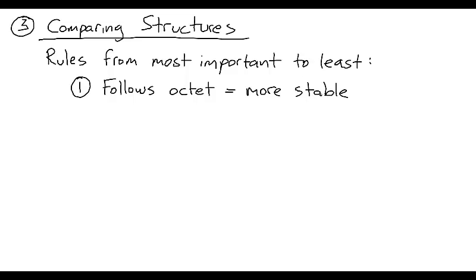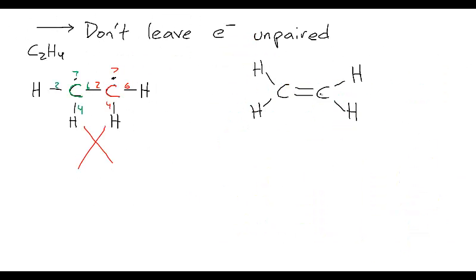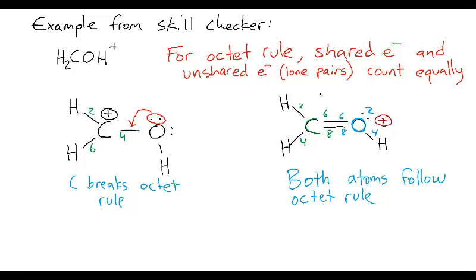And while you can just remember that as a rule of thumb, if you want a more fundamental way to explain that to yourself, I'll go back to that example we did earlier when we were comparing these two structures.